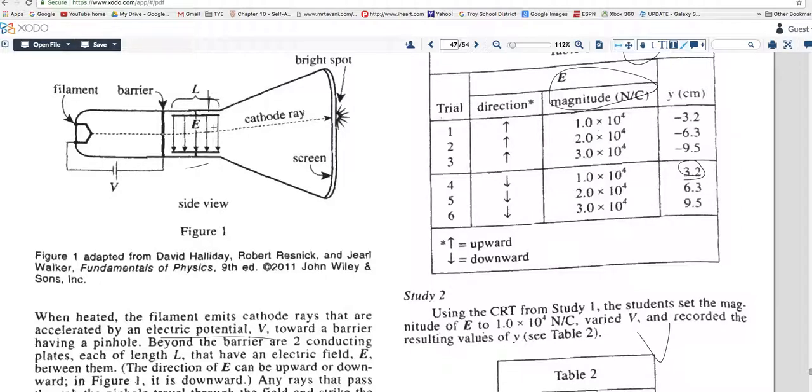Opposites attract, right? Since the cathode ray itself is negative, and it's getting close to the top as it goes through here, notice how it's slanting upwards? The top must be positive, and the ray must be getting repelled by the bottom, which is negative.